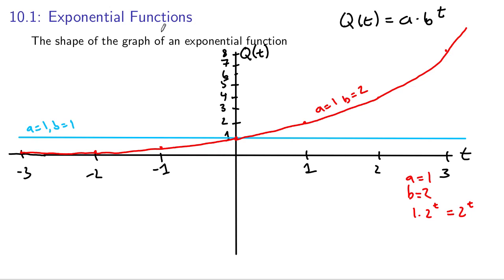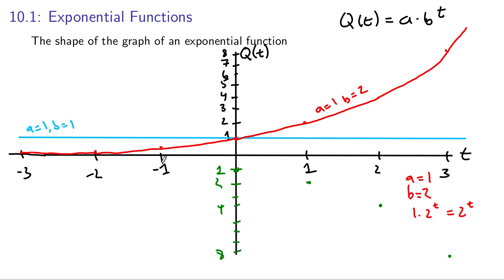Now what happens if A is negative? If A is negative, we would have just the opposite of this. It would be flipped around the t-axis. So if we have 1, 2, 3, 4, 5, 6, 7, 8, you'd have negative 1, negative 2, negative 4, and negative 8.